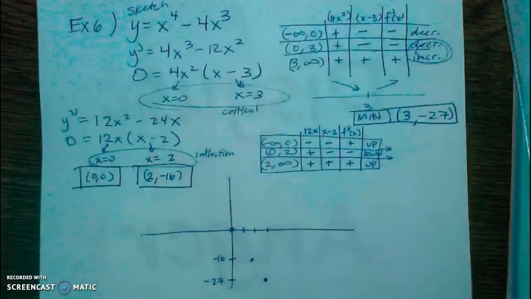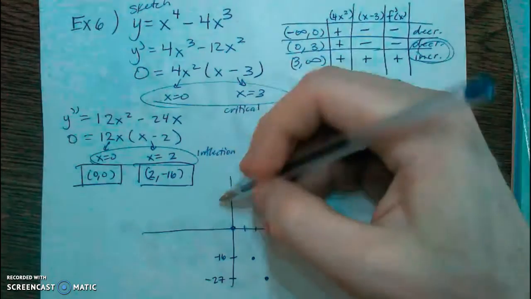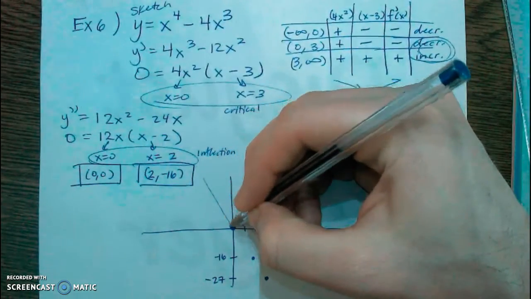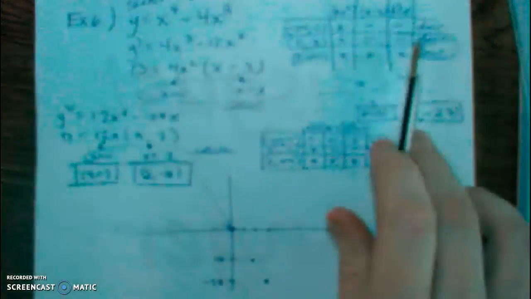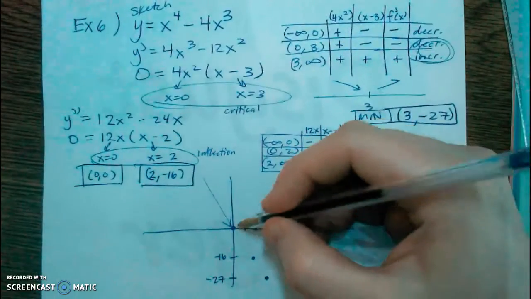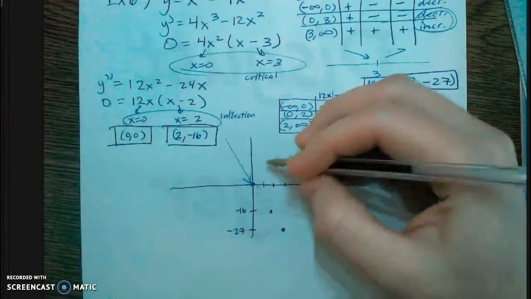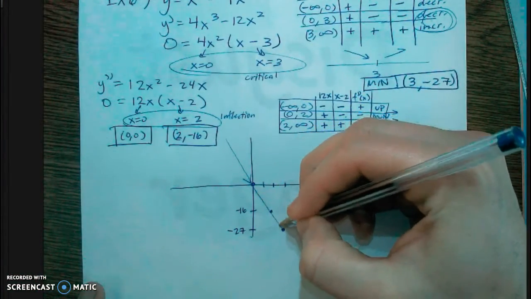And then let's do increasing and decreasing. From negative infinity to 0, we're decreasing. So from negative infinity to 0, we're going down. From 0 to 3, we're still decreasing.